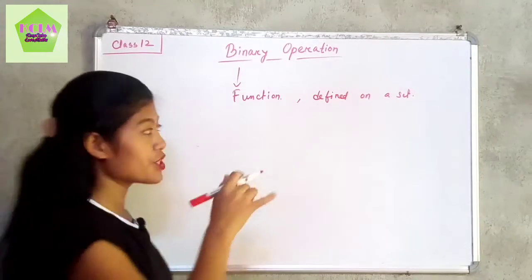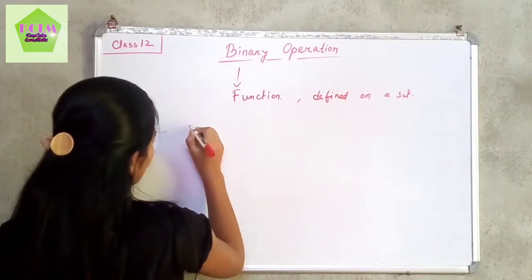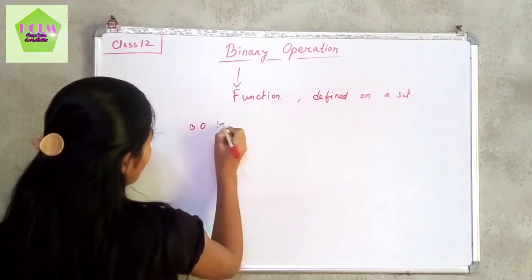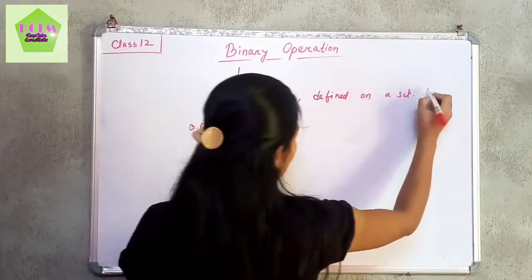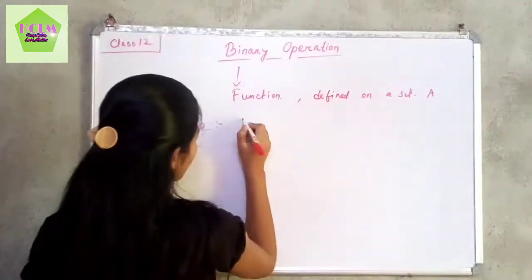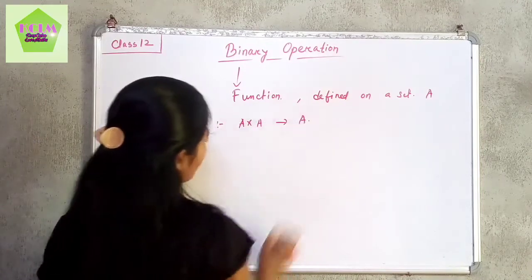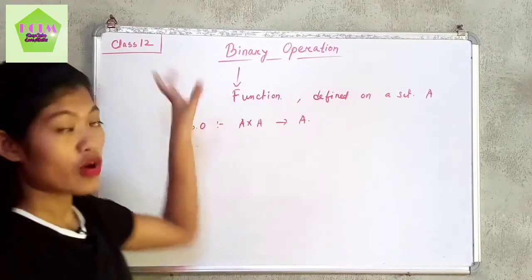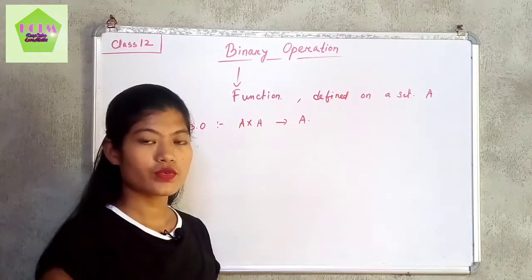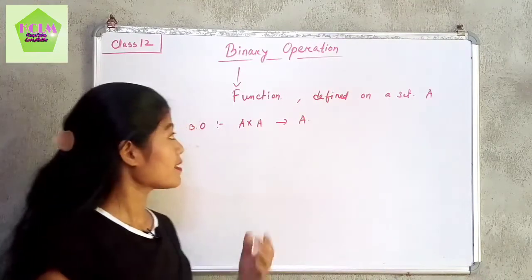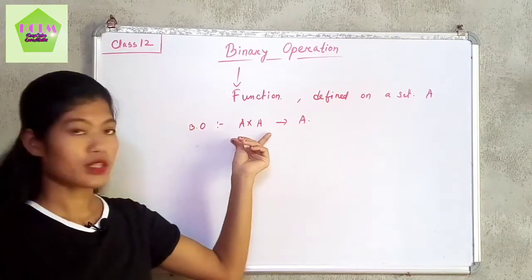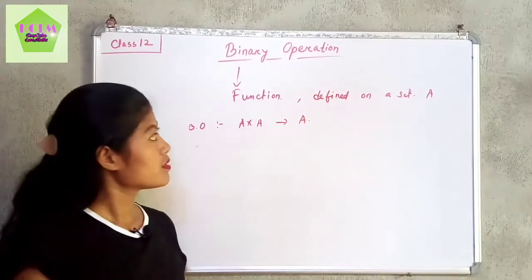And binary operation goes from, suppose the set is A, the Cartesian product of the set to the single set. So binary operation is a kind of function which is based on a set, and it goes from the Cartesian product of the set to the set, right?